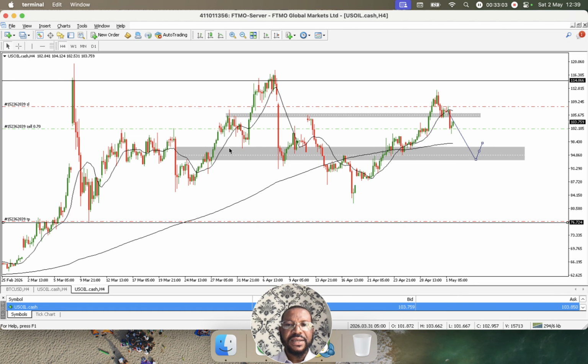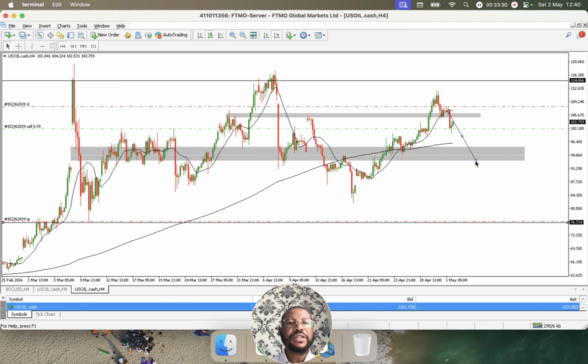You can see this area is a strong support, acting as a support here, support here, support here. There's even a gap here too. So if price gets to this support and fails to close below, and the buyers come in, I will exit my sell trade and join the buyers.